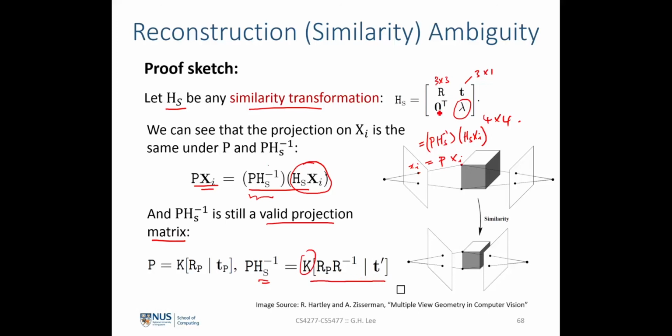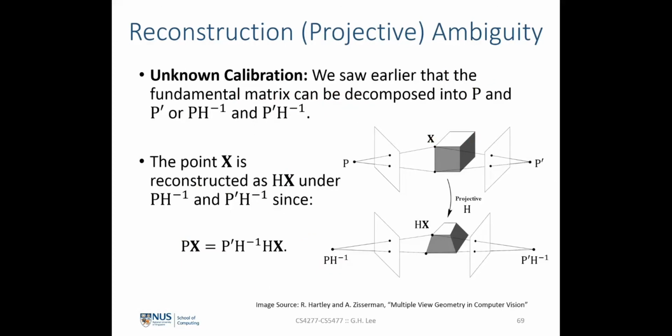In the case of an uncalibrated camera, which we have seen earlier on, we can make use of a fundamental matrix computed from the 8-point algorithm to decompose it into two camera matrices, P and P prime. And we saw that this is not unique.